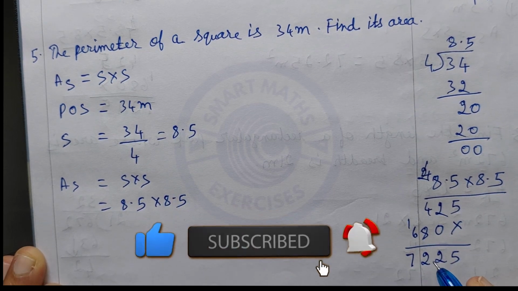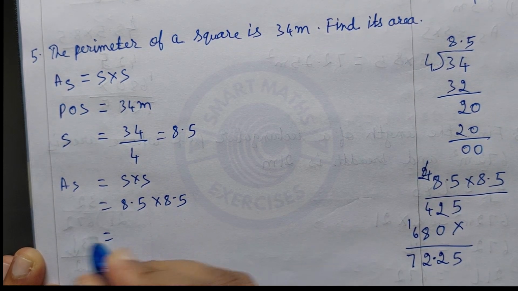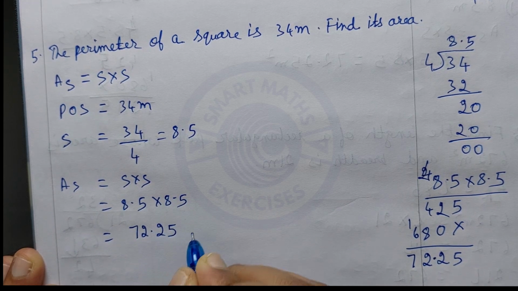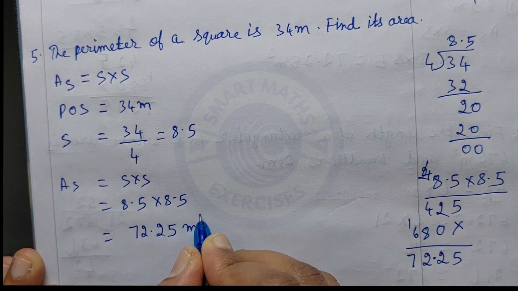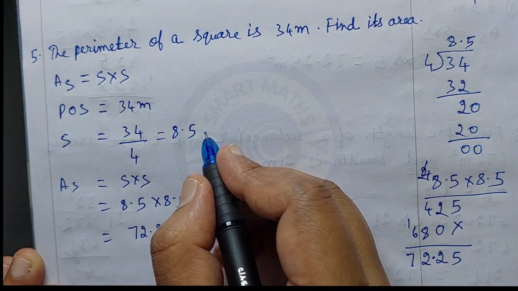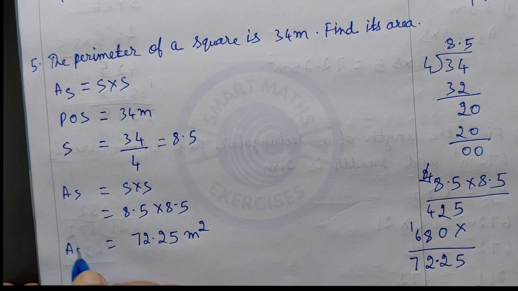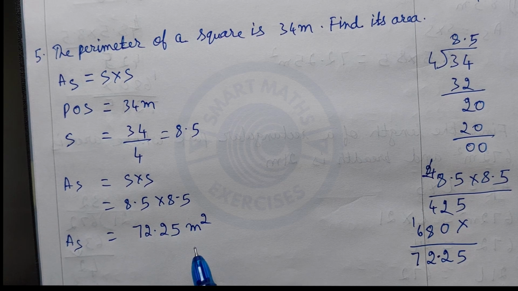Decimal point after 2 digits. 72.25 meter square. So area of square is 72.25 meter square.